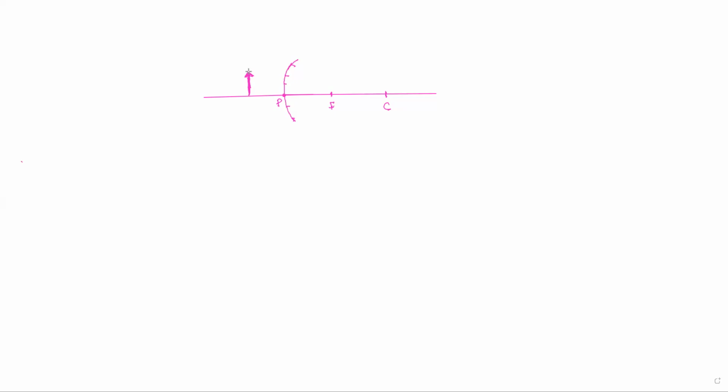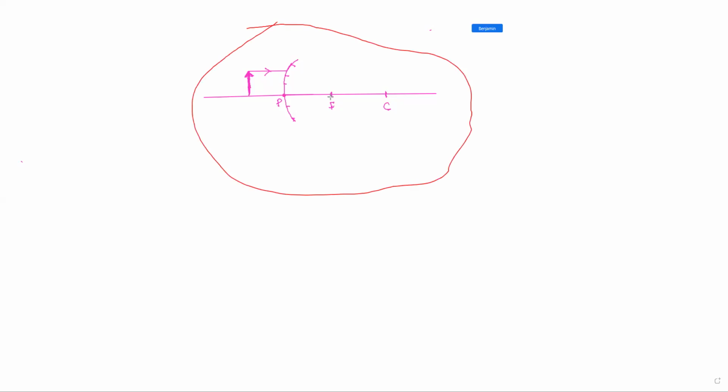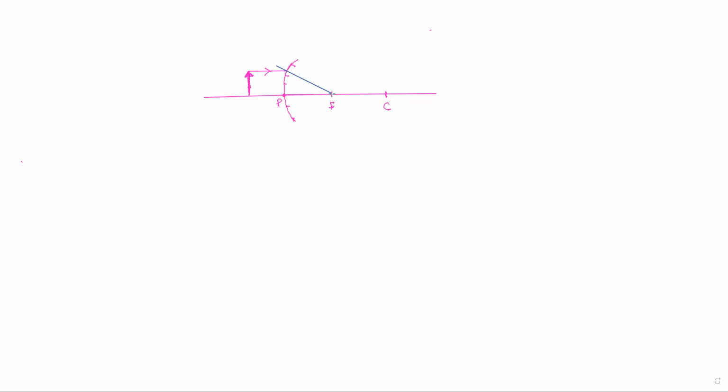A ray of light parallel to the principal axis will be diverted, and the diverted ray appears to be diverted from F. Benjamin, clear your clouding from our diagram and leave the board alone.